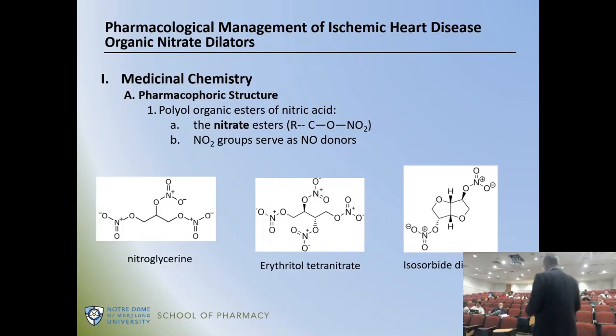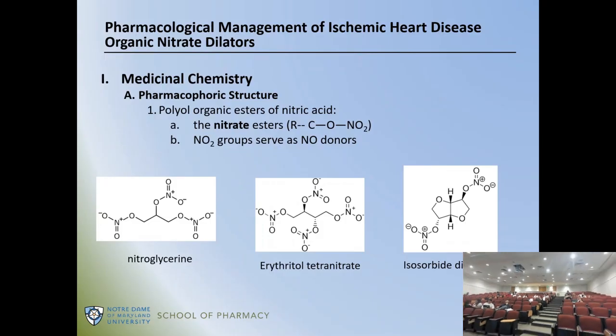Once you take these drugs and they enter the body, they're acted upon by an enzyme, which we'll talk about on the next slide, that enzymatically removes nitric oxide from the drug molecule. Then nitric oxide will act just like nitric oxide produced by your endothelial cells. It diffuses into smooth muscle cells and causes those cells in arteries and veins to relax, and that has some important hemodynamic effects that we're going to talk about.